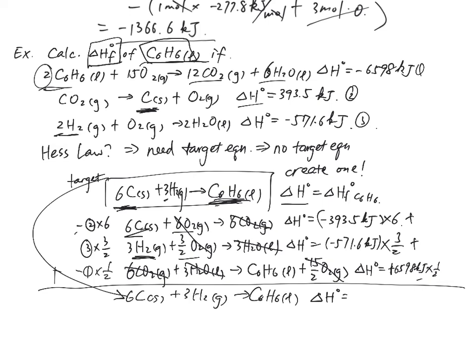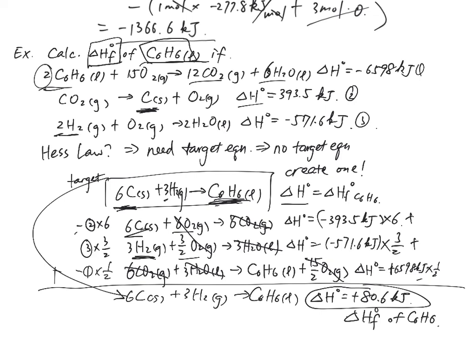Delta H becomes positive 80.6 kilojoules. And that, of course, is also the delta HF, because this is the formation equation of C6H6.